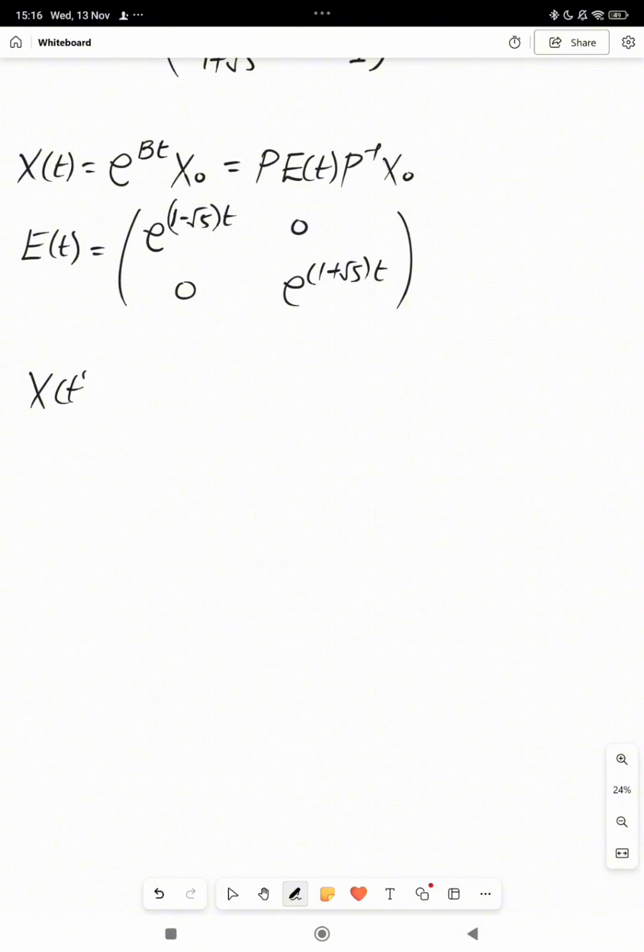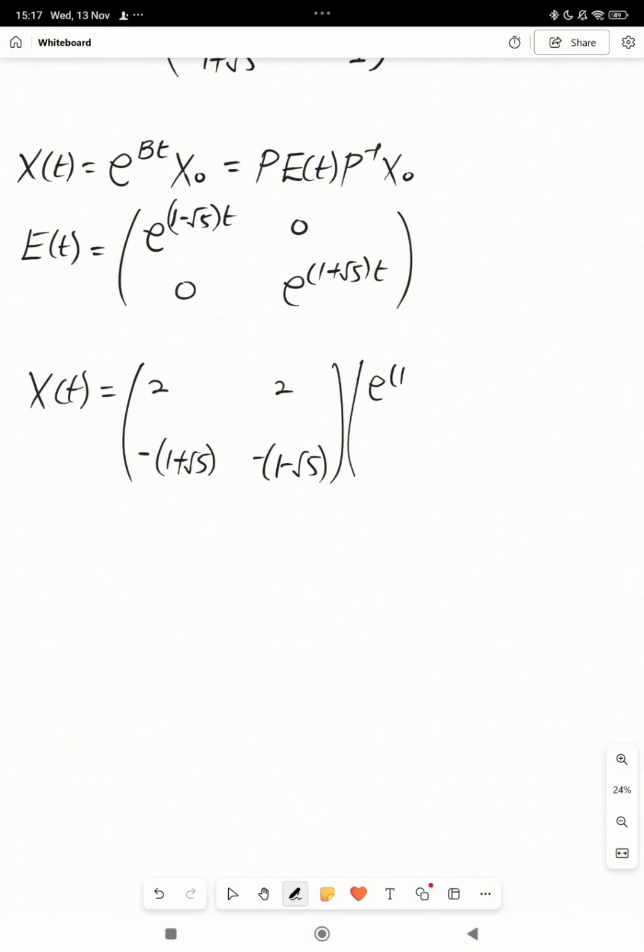So our x of t is given by P, which is [2, -1 + √5; 2, -1 - √5], multiplied by e of t, which we have here: e to the power (1 - √5) t, 0, 0, and e raised to the power (1 + √5) t, all multiplied by your P inverse and your x naught.